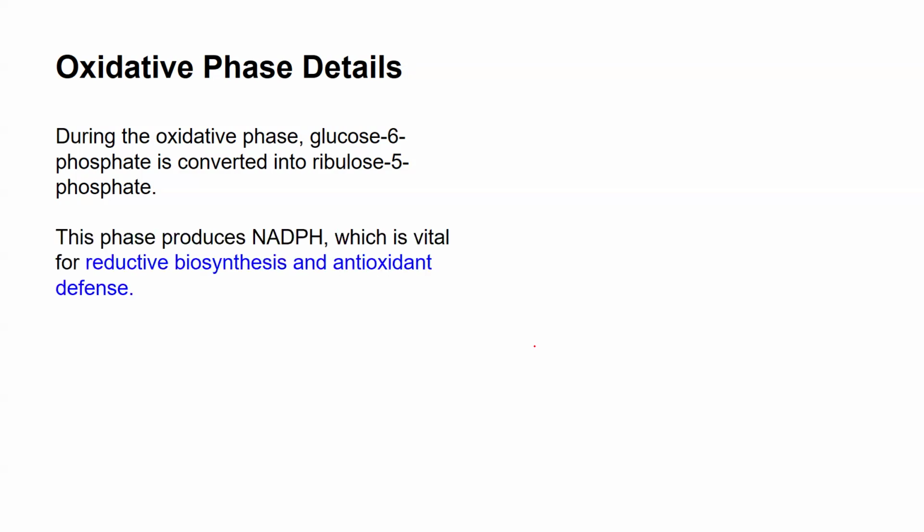This phase produces NADPH, and this NADPH is very important in reductive biosynthesis and antioxidant defense. Remember, ladies and gentlemen, oxidative stress is a stress caused by oxidants, and these oxidants are chemical species that are produced in the body, and they are always looking for electron-rich centers to attack and destabilize them.